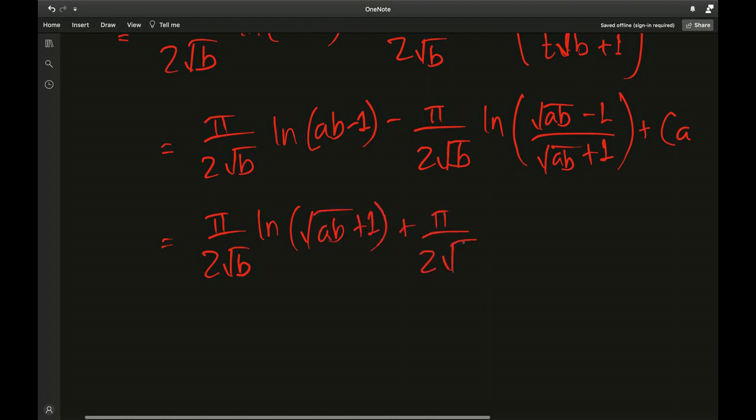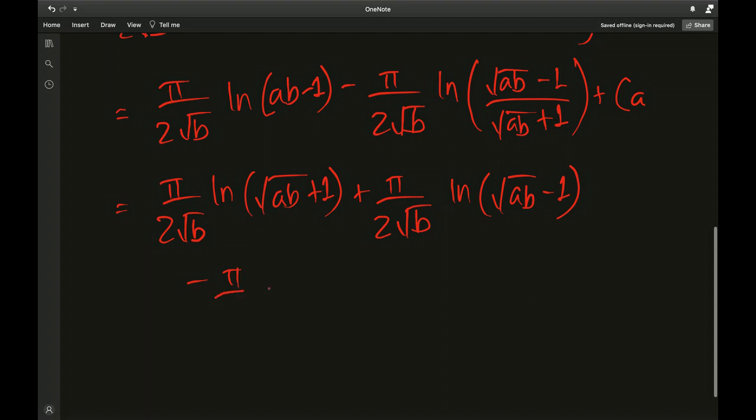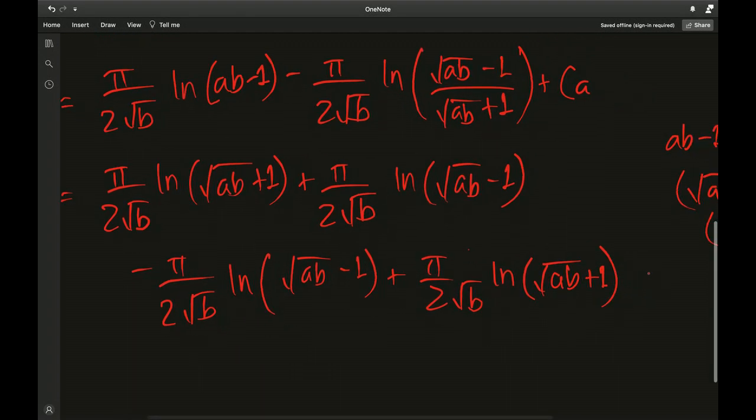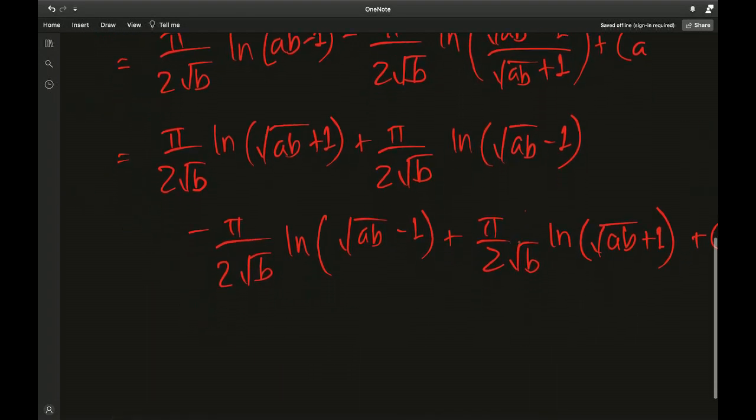Pi over 2 square root b natural log of square root ab minus 1 minus pi over 2 square root b natural log of square root ab minus 1 plus... I'm using the natural log of quotient formula here, plus we have the constant.